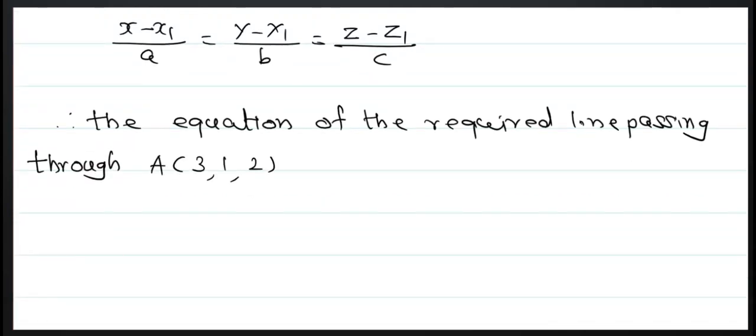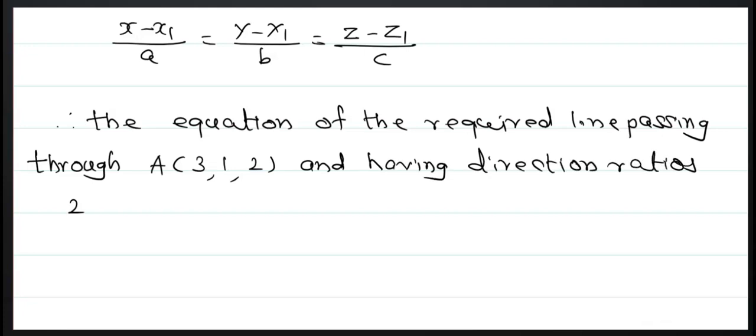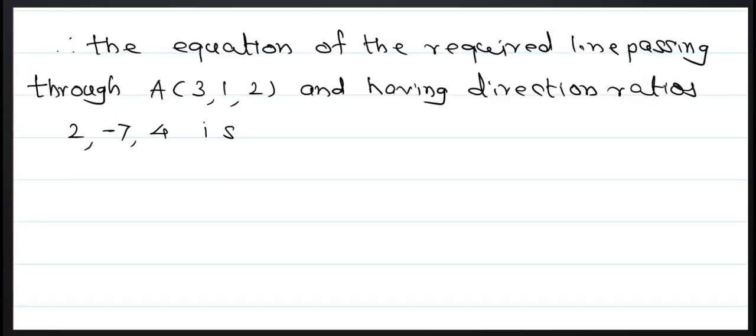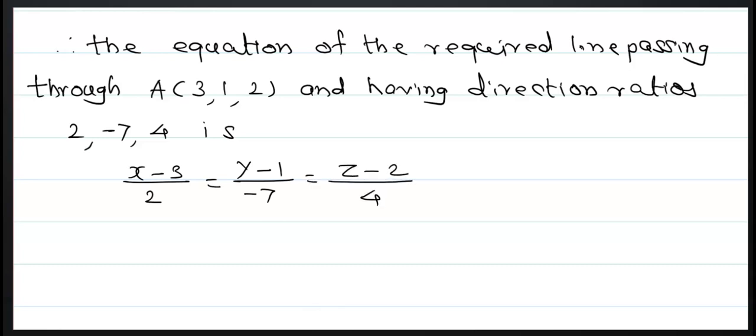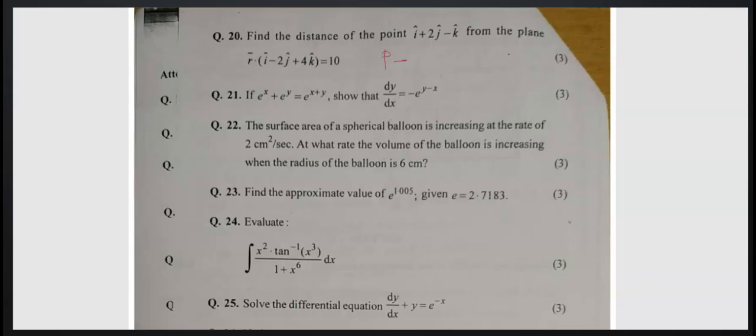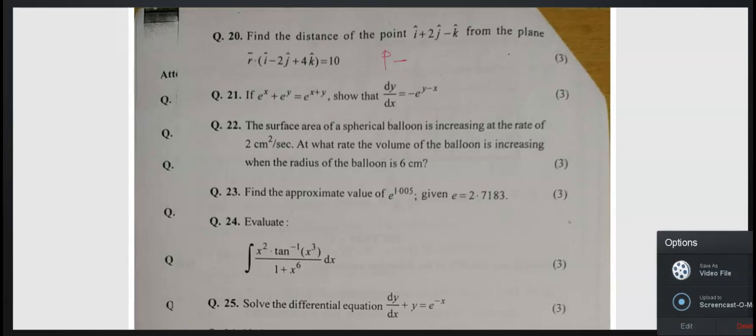Therefore, with the point 3, 1, 2 and direction ratios 2, minus 7, 4, you get (x minus 3)/2 = (y minus 1)/(minus 7) = (z minus 2)/4. This is the equation of the line.